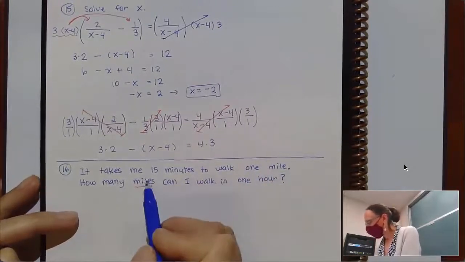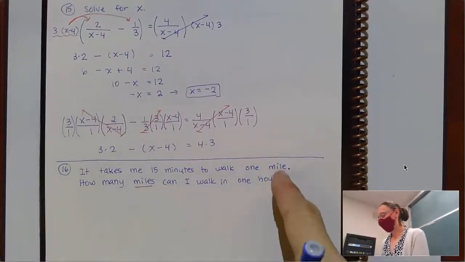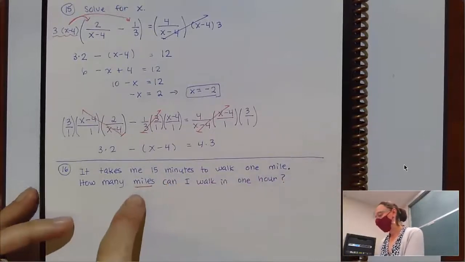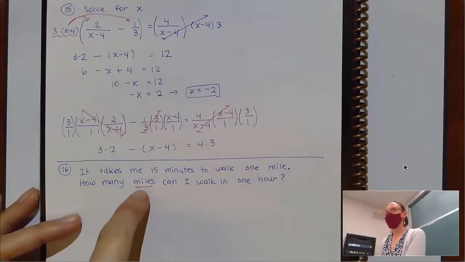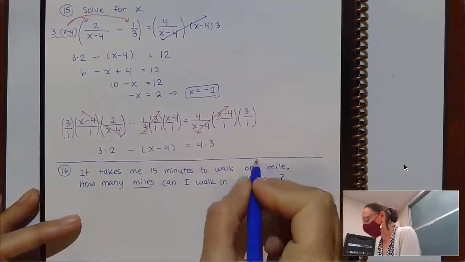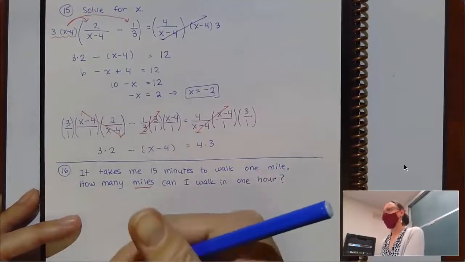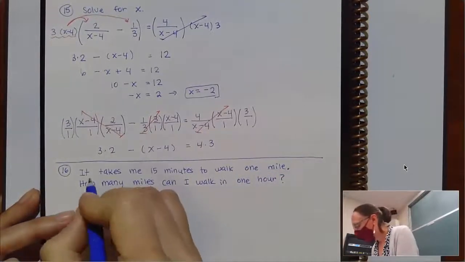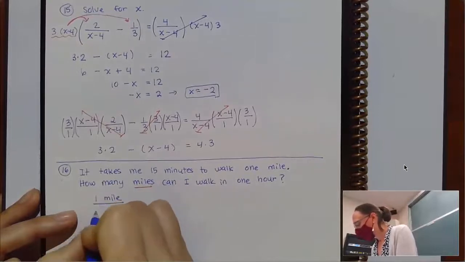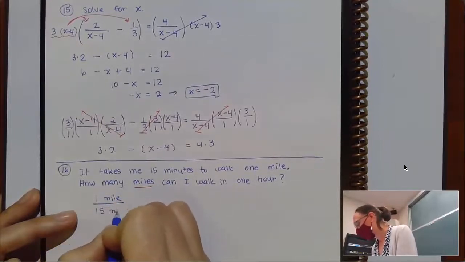The only ratio that I have here that includes miles is 15 minutes in 1 mile. Because I want miles to be my final answer, I'm going to put that ratio with miles on top. So 1 mile per 15 minutes.